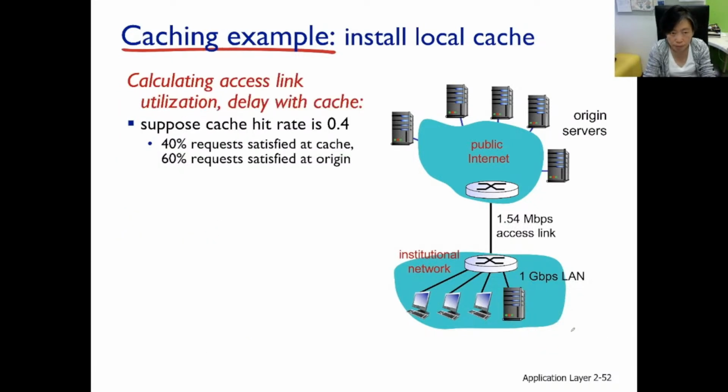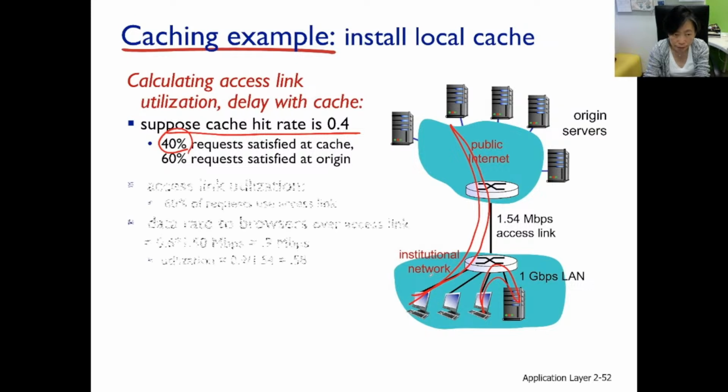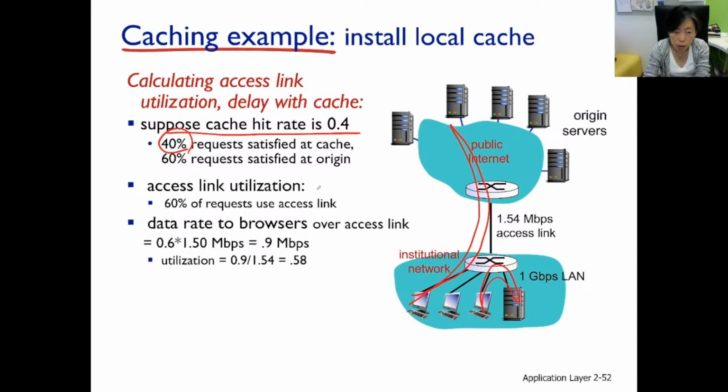Let's suppose the hit rate is 0.4. Then 40% of the requests will just stay here. Only 60% goes out and back. Great. So we know the access link utilization is 60% of scenario 1.